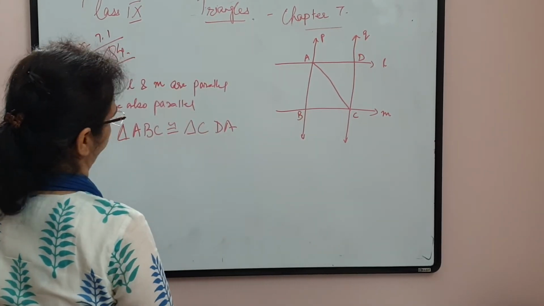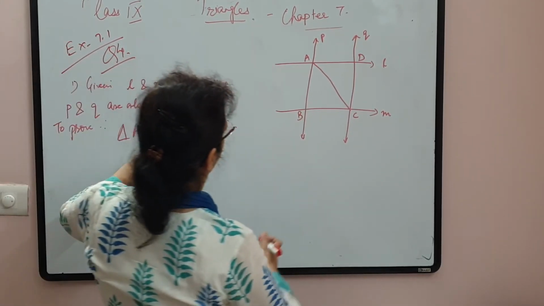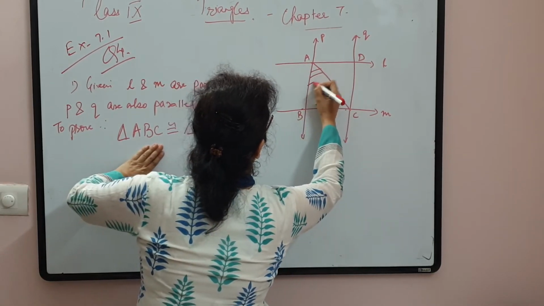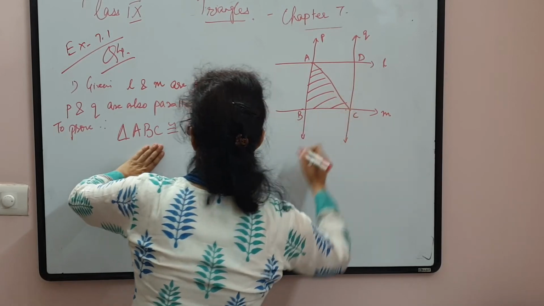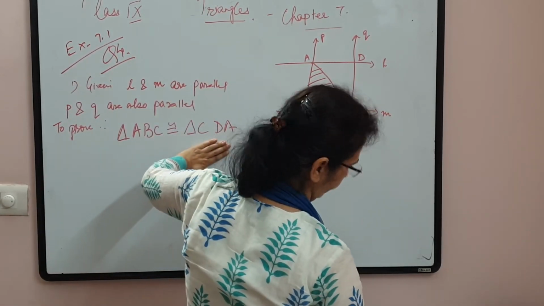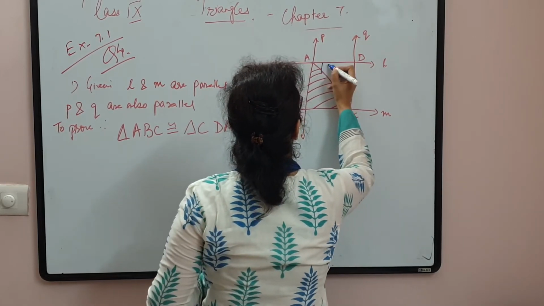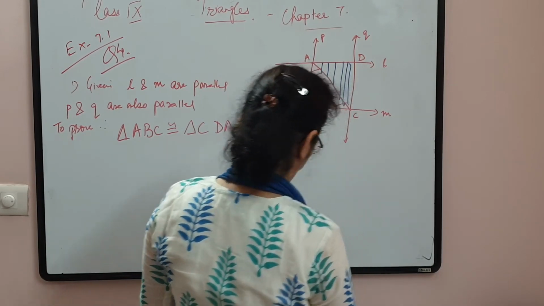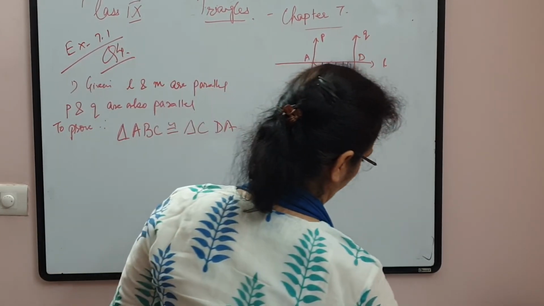How will you prove this? Which two triangles? Triangle ABC, that is this triangle, is congruent to triangle CDA. Alright, you have to prove that these two triangles are congruent. How will you do, children?